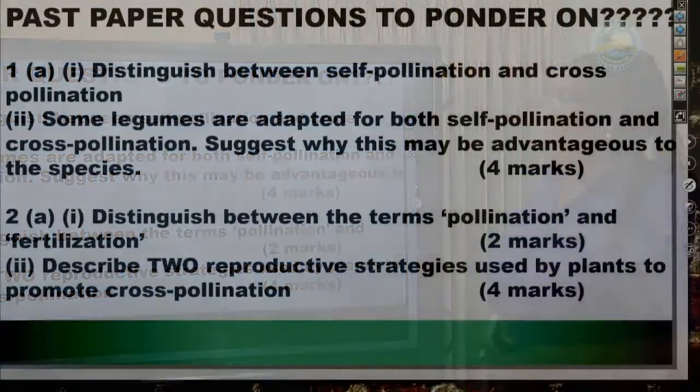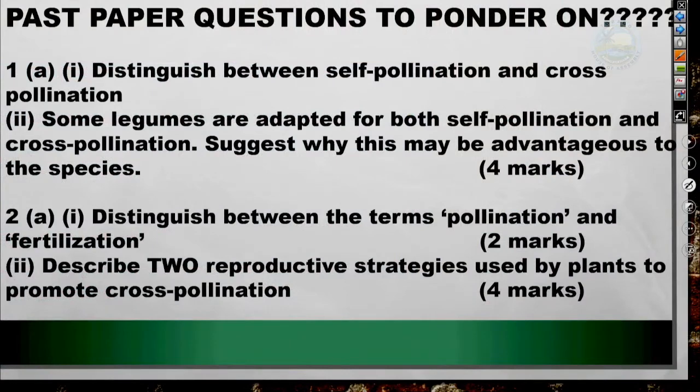And the second question, part A, 1, distinguish between the terms pollination and fertilization. Well, we didn't quite do fertilization just yet, but I still wanted you to appreciate that they can ask for the difference between them. Some persons have challenges differentiating between the two.